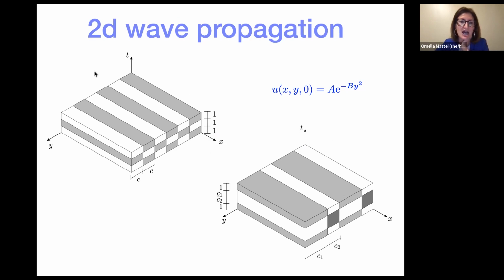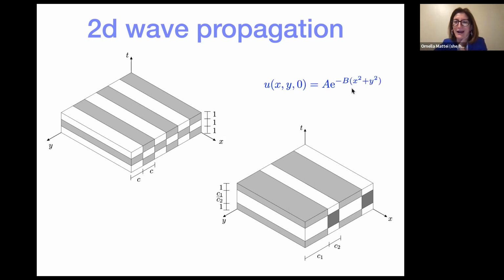So in the top left, you see the design where the wave speeds are equal to each other. In the bottom corner instead, you see the design where the two wave speeds are not equal to each other, and you need that third material, the dark gray one, that has a wave speed that is related to C1 and C2. And here, if you send in a pulse of this type, trivially, you end up with a conservation of the overall amplitude of the wave.